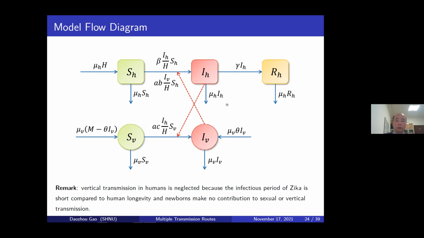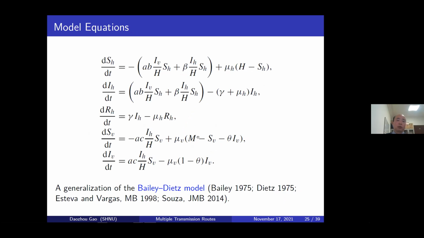So then we can write down the model equations, and the parameter mu h is the human birth and death rate. Now you can see this model is an endemic model, because we consider both the birth and death for humans and mosquitoes.